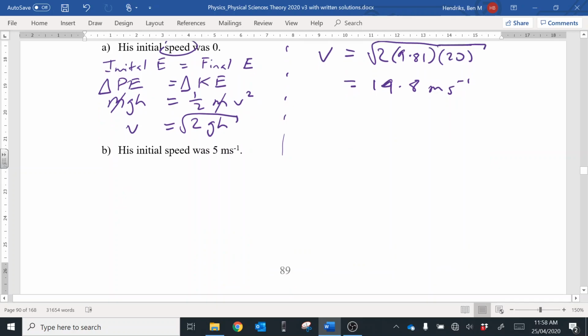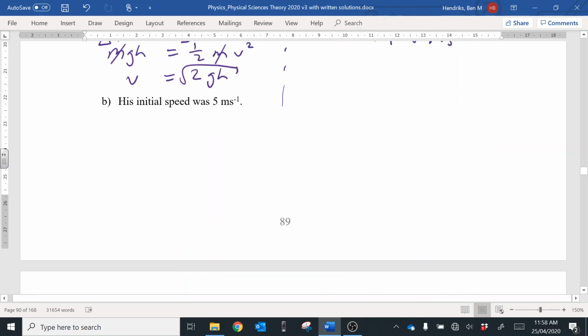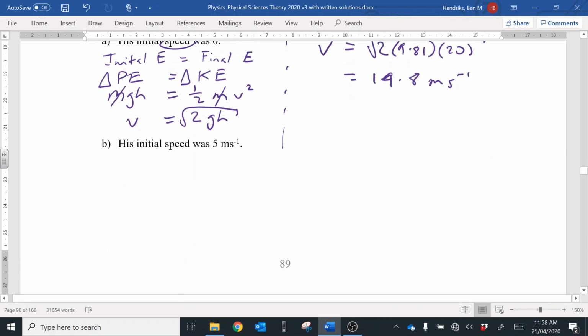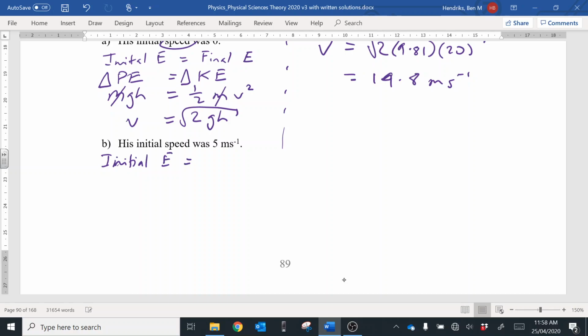Okay, so they've slightly made this a bit more complicated. They've given him an initial speed. So the initial energy this time still equals the final, but this time we've got mgh plus half mu squared equals half mv squared.